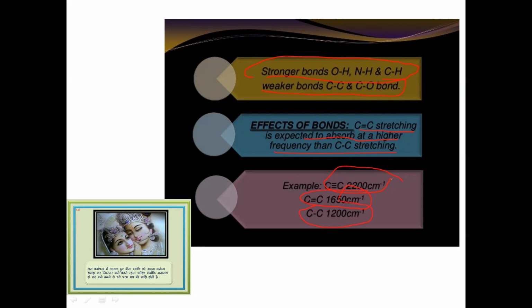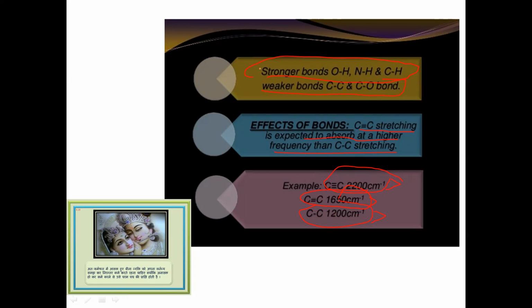In CSIR NET, several times this type of question can be asked, based on the order of frequency absorption. So triple bond absorbs more frequency than double than single.